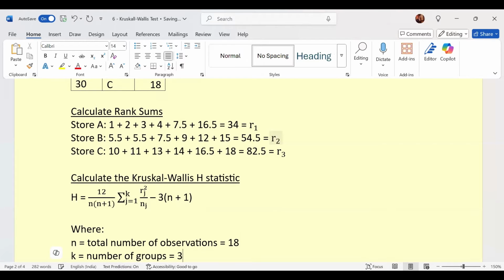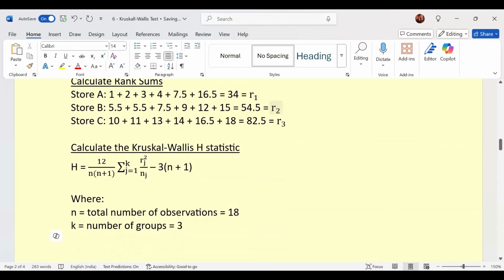Here it is 3. And then Rj is equal to sum of ranks of the jth group.